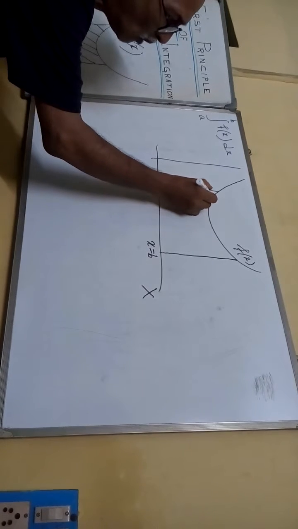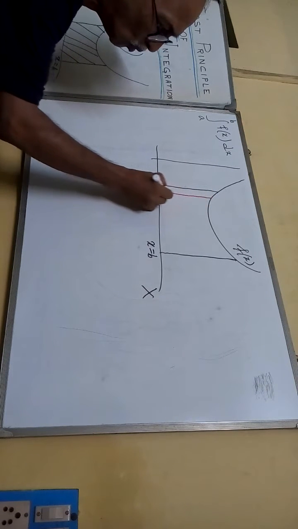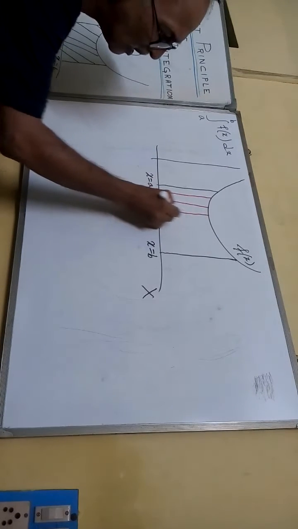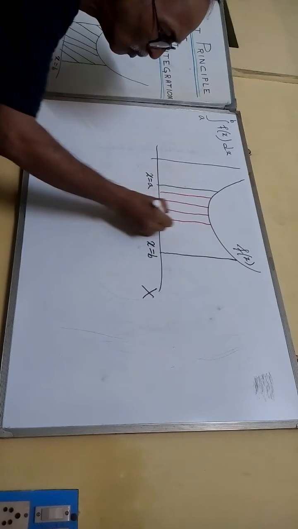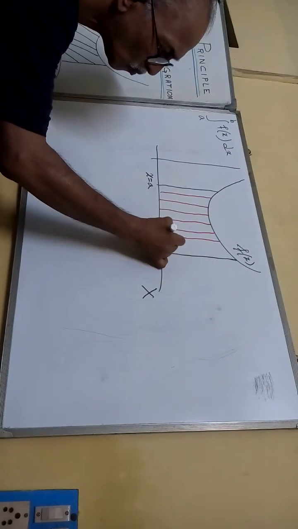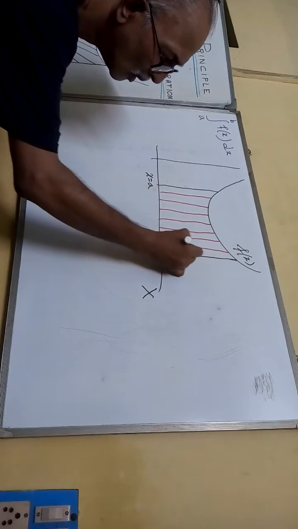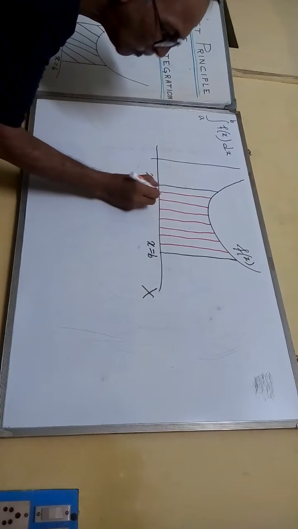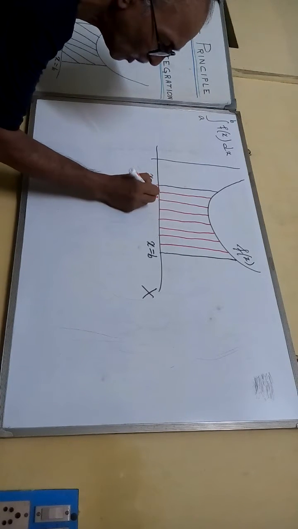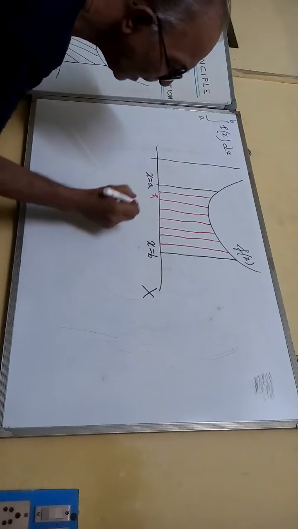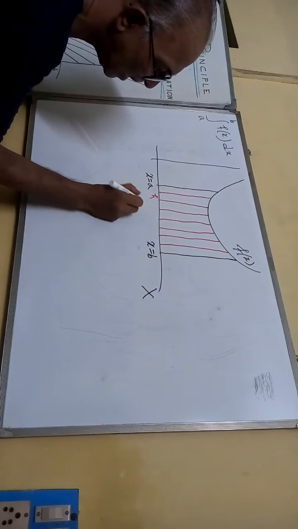So for calculating it, what we can do is divide this area into rectangles. Let us assume the width of each rectangular portion is h, and let us assume further there are n divisions.